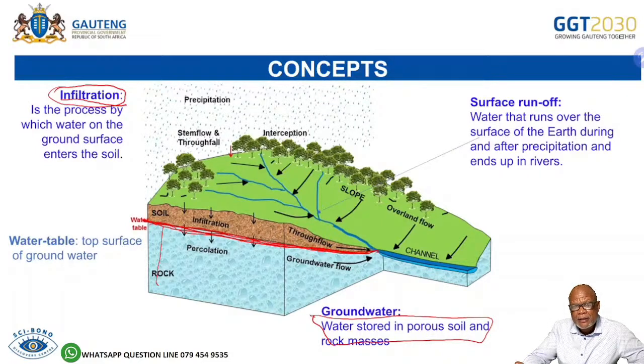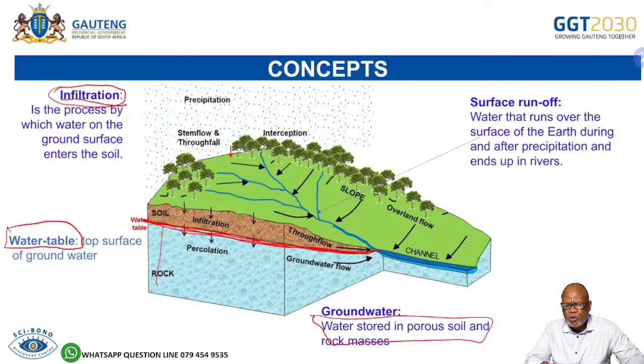During rainy seasons, the water table will go higher because there's going to be more infiltration. But during dry season, your water table will subside, will go lower, because there's going to be less infiltration. So this is what we call a water table, which is the top surface of groundwater.